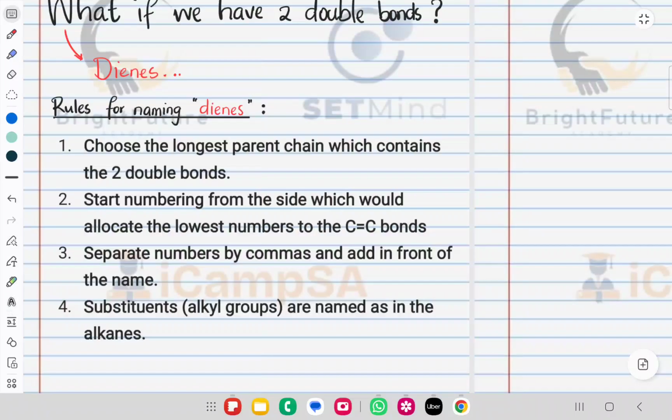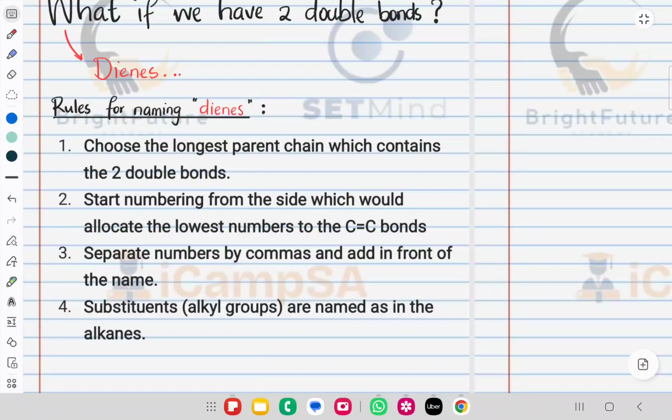And when you are numbering that chain, or when you are choosing the longest chain, you must always make sure that those double bonds are within that chain. So similar to how we were doing it for just a single double bond, we would make sure that it's part of our long continuous carbon chain, which would eventually become our main chain.